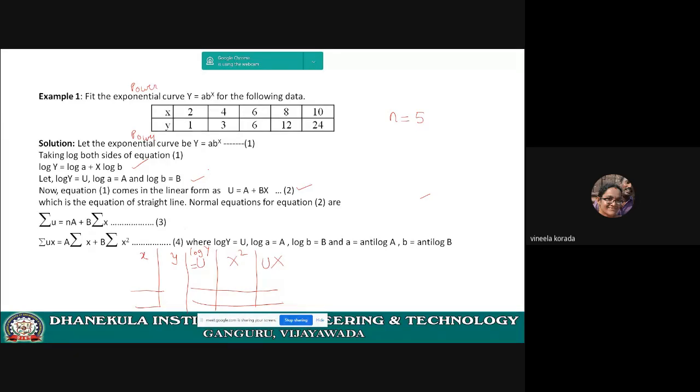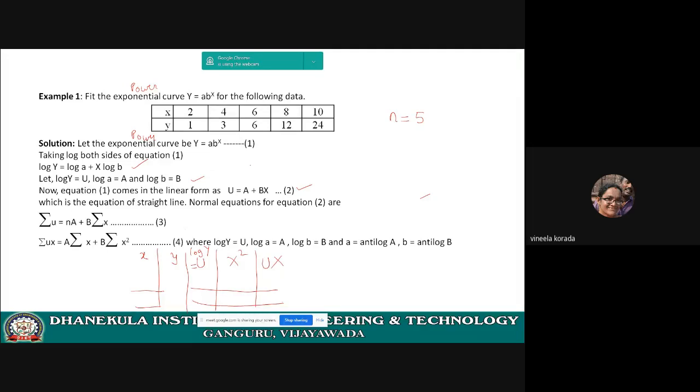Be a bit fast in your calculations. u was log y, meaning log to the base 10.